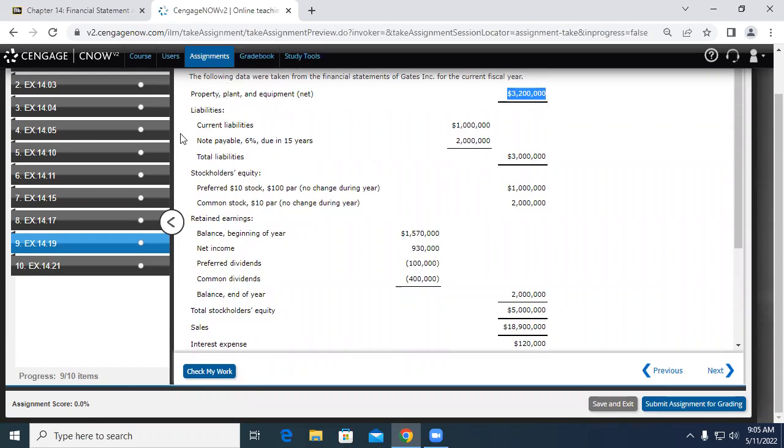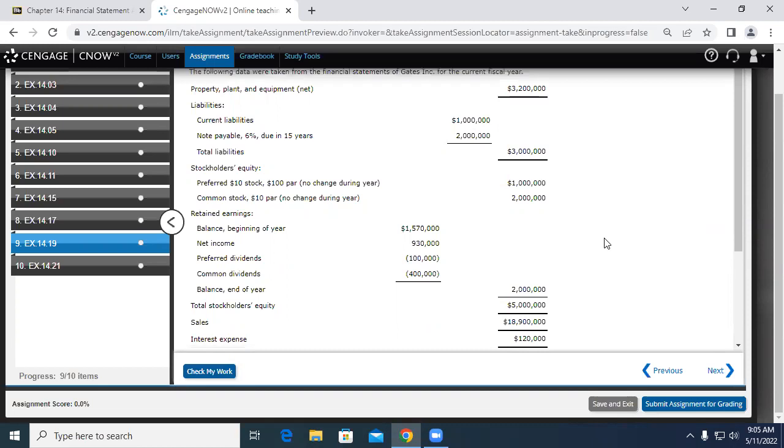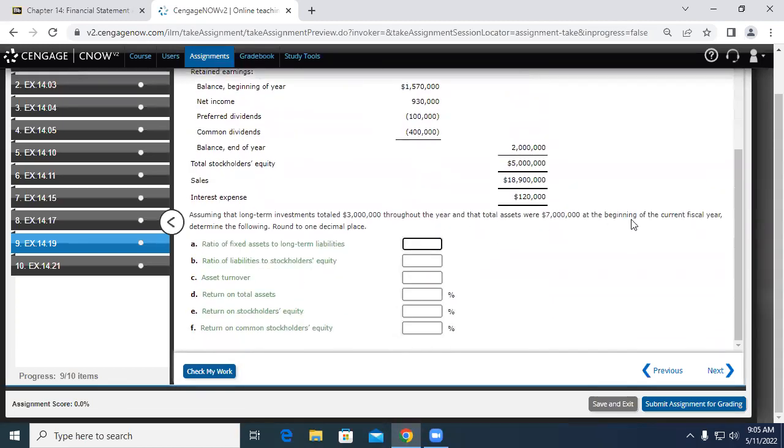And so looking at our liabilities here, we can see that 1 million are current and 2 million are those notes payable due in 15 years. That makes them long-term. So 3,200,000 divided by 2 million. The ratio then would be 1.6.